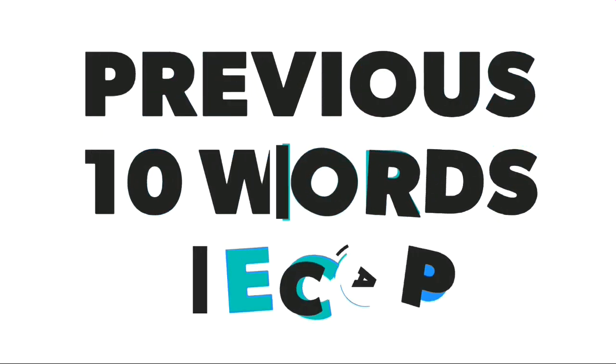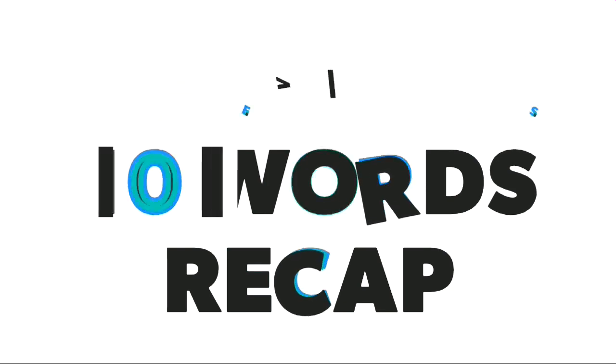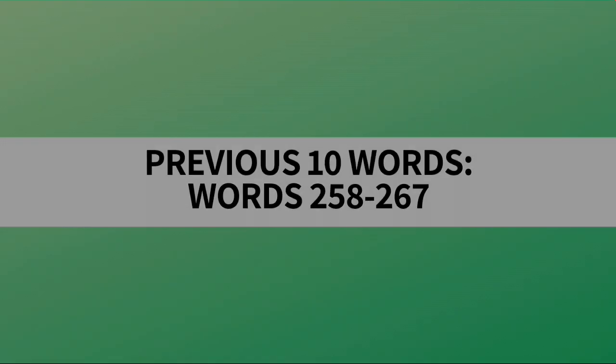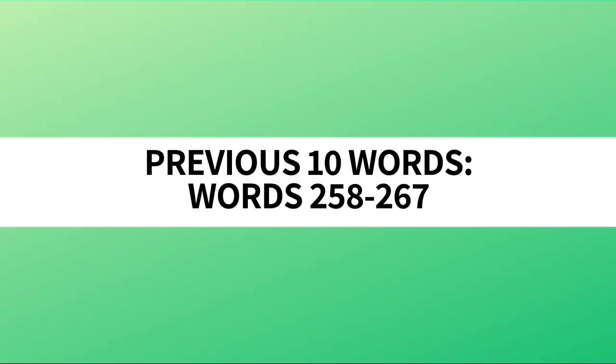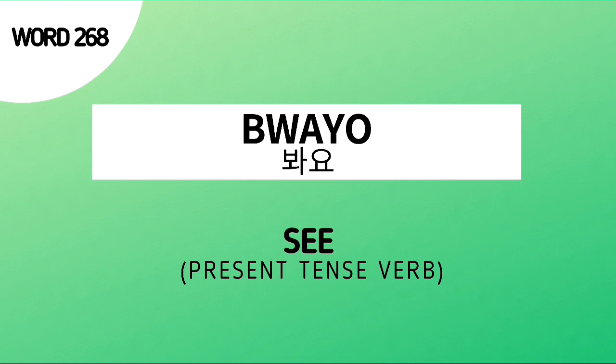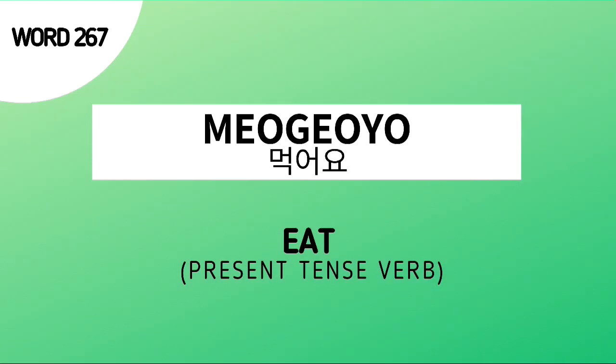Now, let's proceed to our previous 10 words recap. As of now, the previous 10 words are words number 258 to 267. But don't forget our word for today, word number 268, 봐요, which means see. Word number 267 is 먹어요, which means eat.